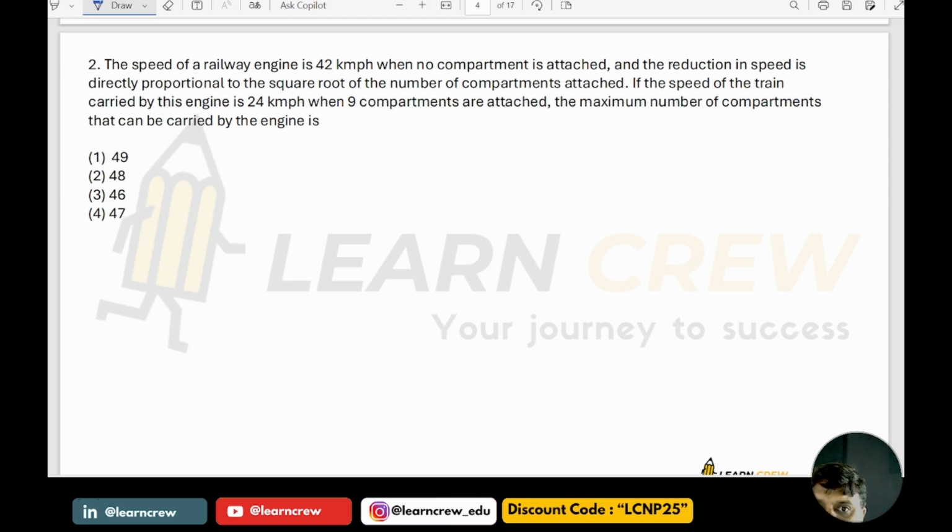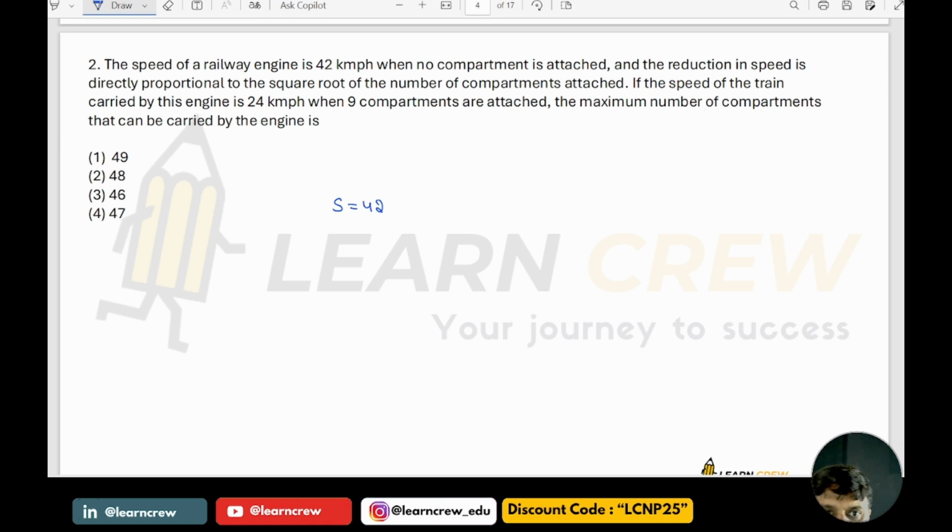Please see here. It is given that the speed of a railway engine is 42 km per hour when no compartment is attached, and the reduction in speed is directly proportional to the square root of the number of compartments attached. So speed is equal to 42 km per hour when there are no compartments.